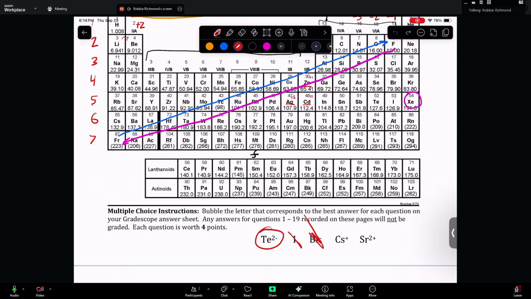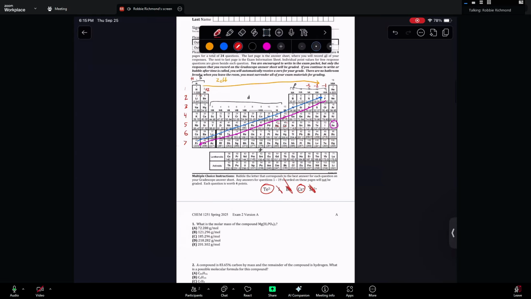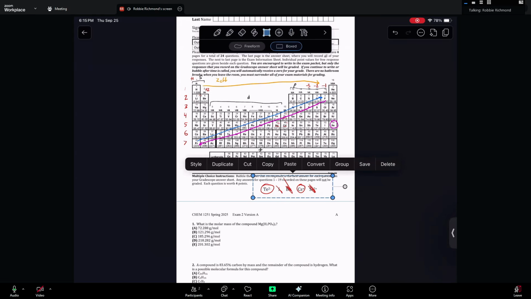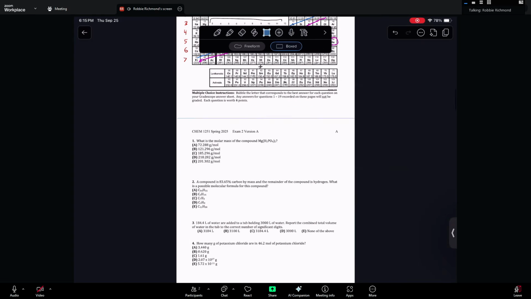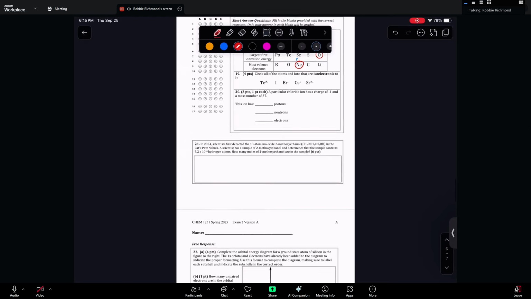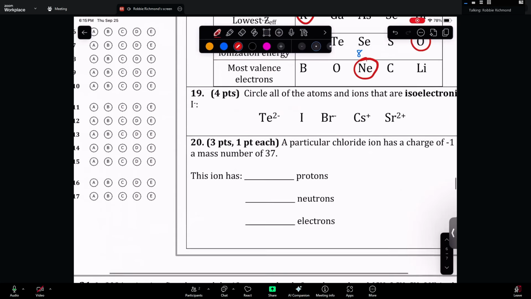If we lose an electron, it would have the same electron configuration. And then Sr2+, that is right here. If we lost 2 electrons, that would be a krypton electron configuration. So that is not what we're looking for. So Te2- and Cs+ are isoelectronic to iodine negative.